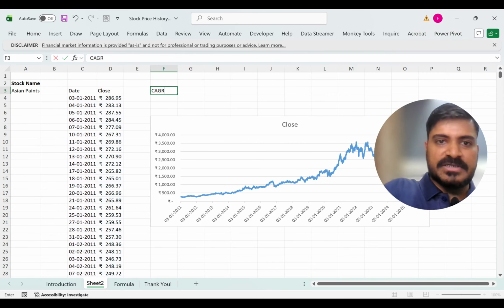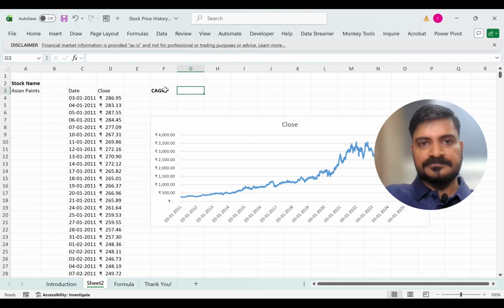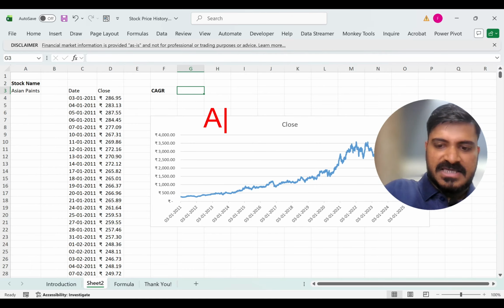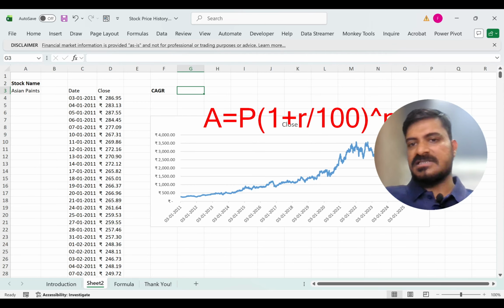And if I were to calculate the CAGR, I can just type the formula here. The original formula for CAGR is A, which is the amount, equal to P into (1 plus rate of interest by 100) raised to the power n, where n is the number of years.